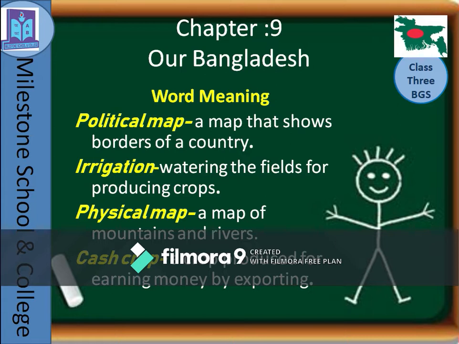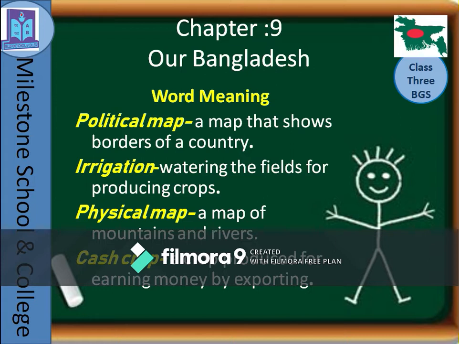Here we have learned about two types of map. One is the political map, another one is the physical map. These two terms are brand new to you, isn't it?